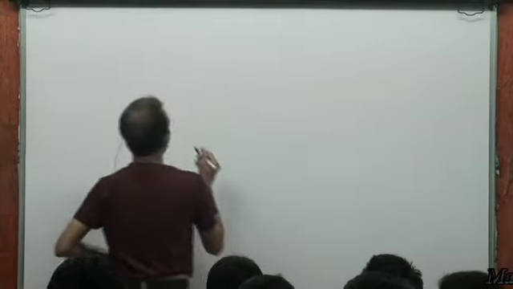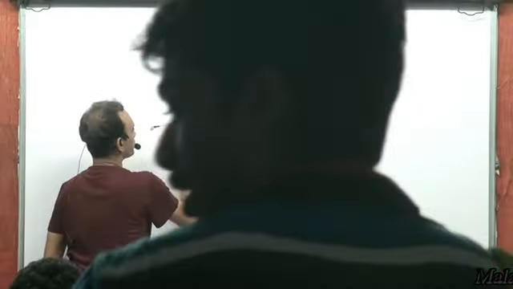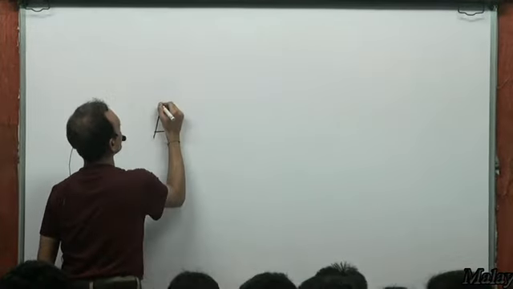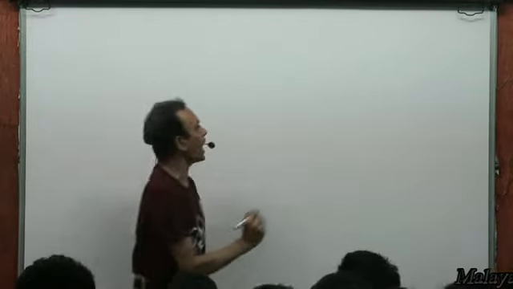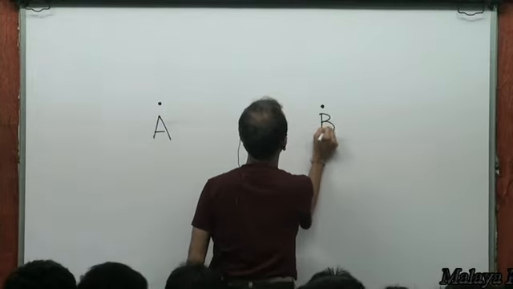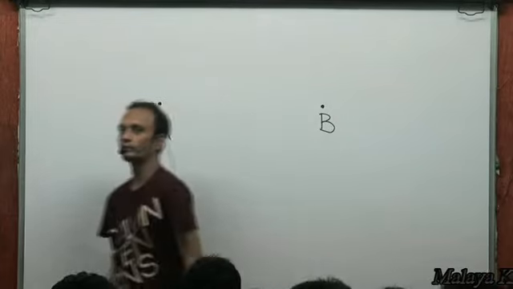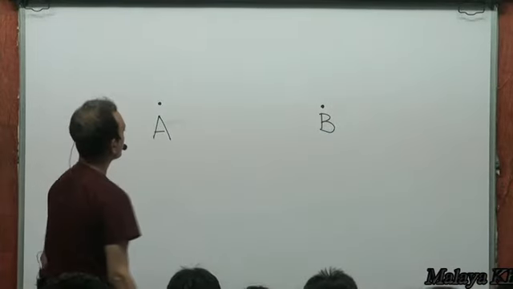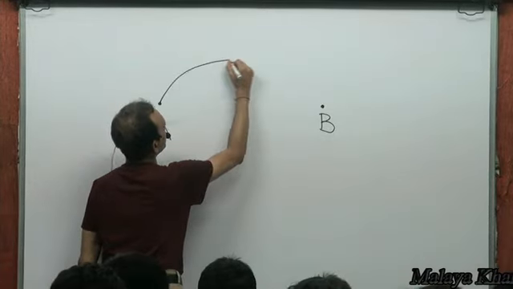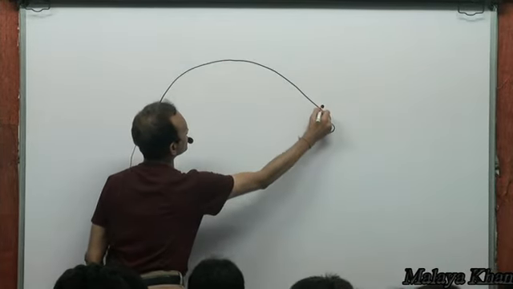So, if we have a point A, which is at a higher potential compared to a point B, and I join A to B with a conductor.